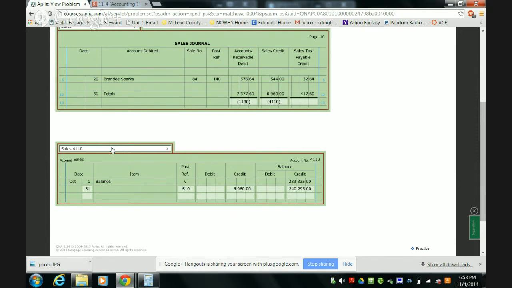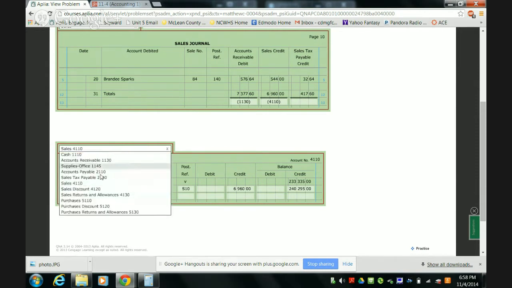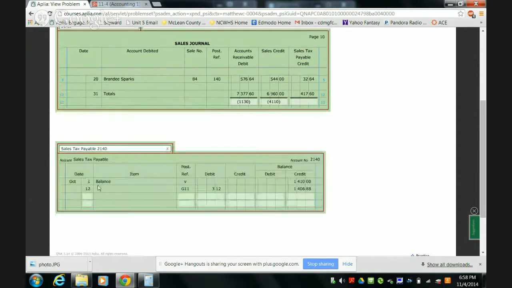Finally, for our sales journal, I'm going to go to sales tax payable. It's an account that starts with a 2, letting us know that it is a liability. On the 31st, once again from S10, this time I've got a credit of $417.60.